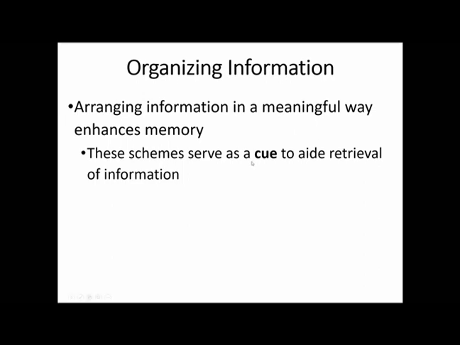When we're talking about a cue, this is just some kind of stimulus that acts as an indicator, a hint that gets you thinking the right way to retrieve information. So a cue can help you find information or remember information that you might not have been able to remember without that hint. And we'll come back to these cues when we start talking about priming in just a couple of slides.